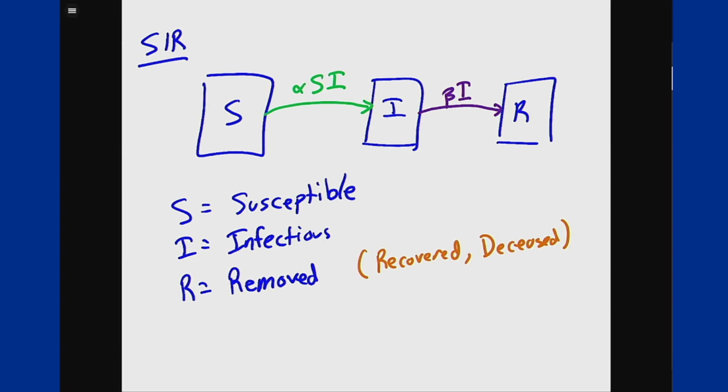For some diseases, it's appropriate to have an arrow that goes back this way because people after a while are no longer immune. And so there's another rate of change that way that comes into effect. You can also have more complicated diseases, where maybe there's a portion of the infectious period that happens before symptoms happen, or maybe there's a part where you're infectious and then a part where you aren't infectious.